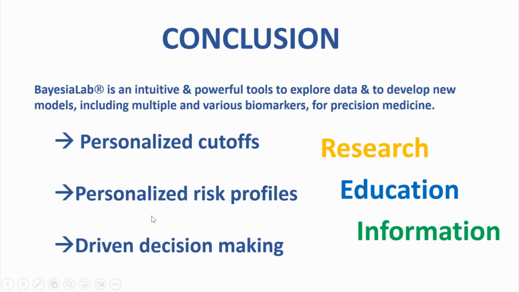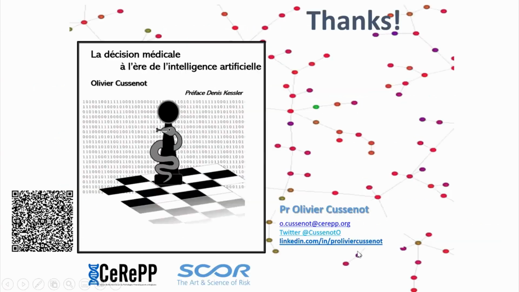Also to integrate different ethnicities in order to drive decision making. This tool could be used in research, in education, because from the simulator you can simulate cases for students at medical school, and also provide information for the patient.